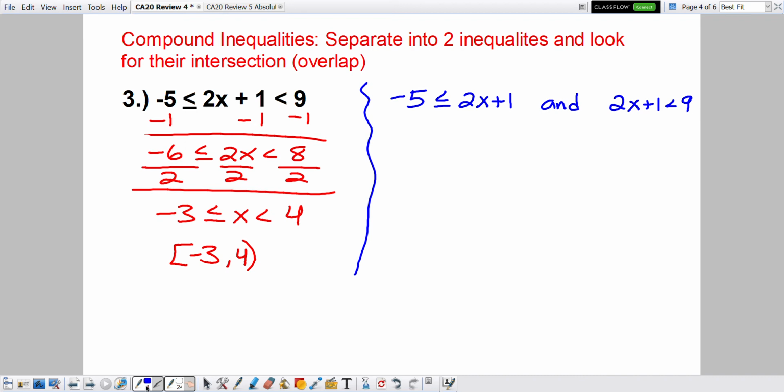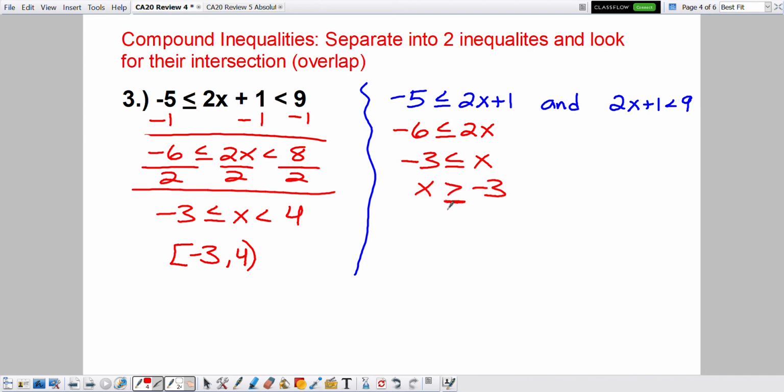And so really all you have to do then is you separately solve each inequality. And so here you could take away 1, and you get -6 is less than or equal to 2x. You divide by 2, -3 is less than or equal to x. I like to write it in the order where x is first. And notice that if this is the inequality that it's opening towards the x, if you switch the order around, keep it opening towards x.